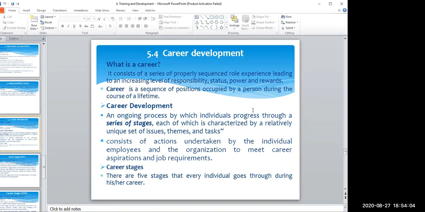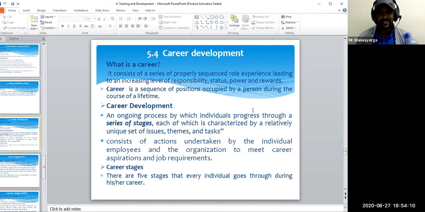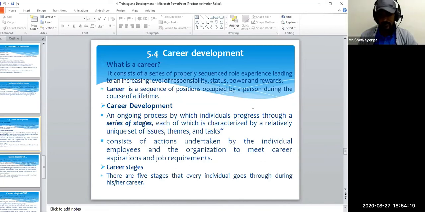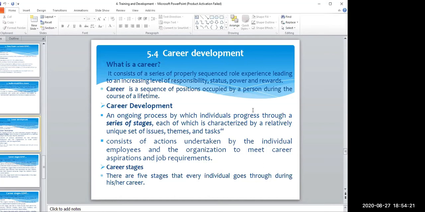I just want to mention on this area, the level of evaluation. Basically, there is a philosophy from the Kirkpatrick levels of evaluation, which is the five levels of training and development evaluation. The first one is reaction.